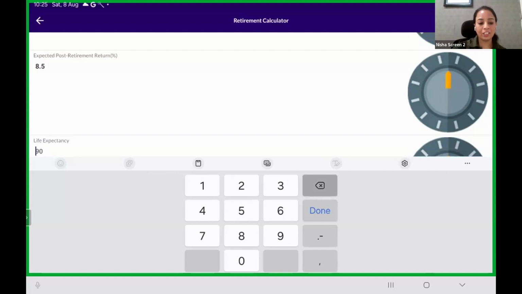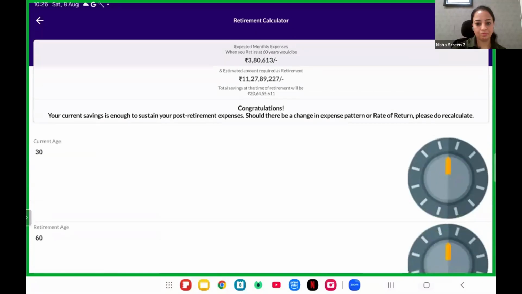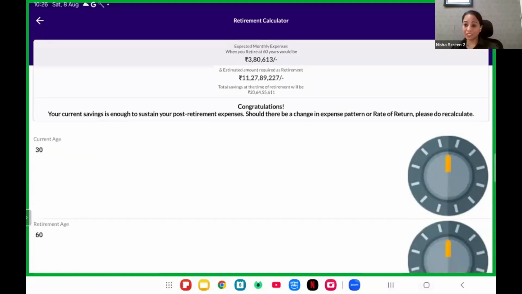And since there has been a lot of advancement in the healthcare sector, we are expecting the life expectancy to be 90. So as you can see, the current monthly expenses of 50,000 after 30 years, due to inflation, would be 3,80,000 per month, right?